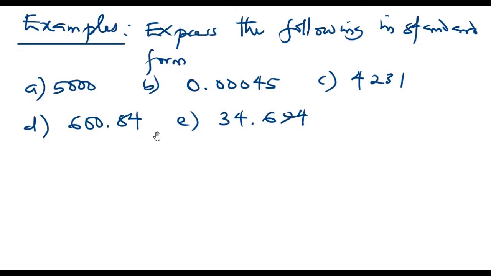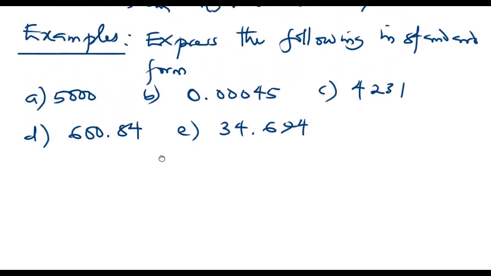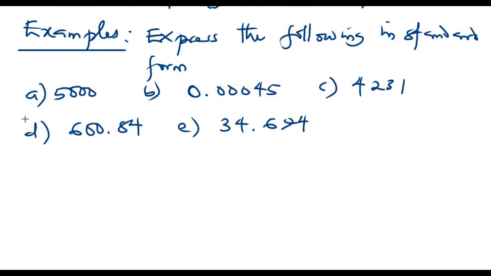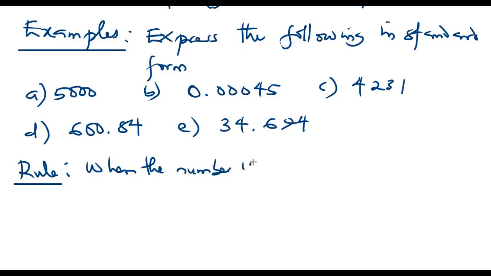Now let me give you some rules that will guide you in converting numbers to standard form. All right, so rule, and you must never forget them. When the number is greater than or equal to 10, the power of 10 is positive.